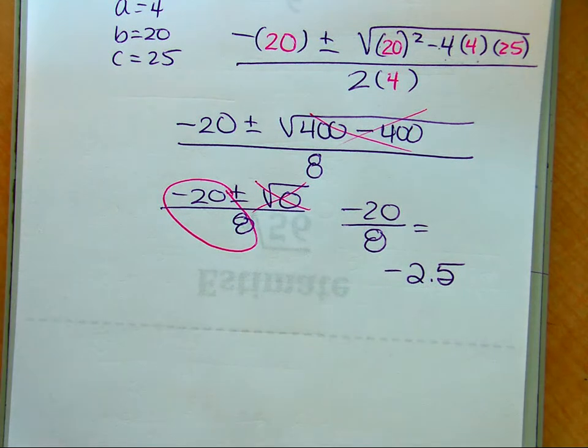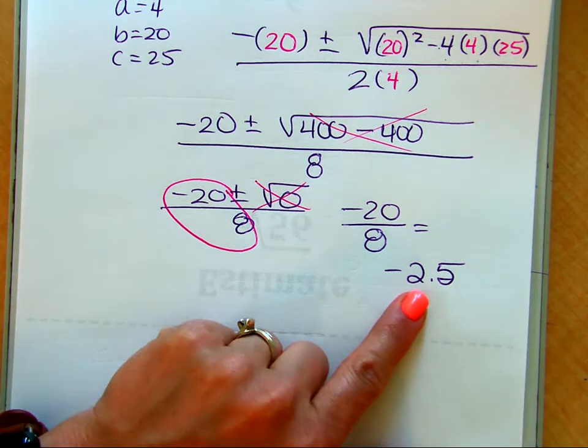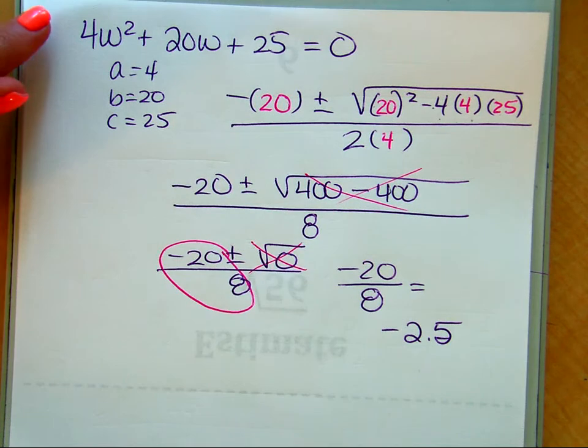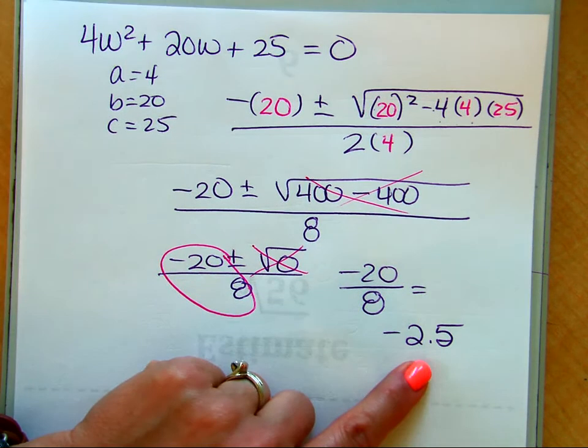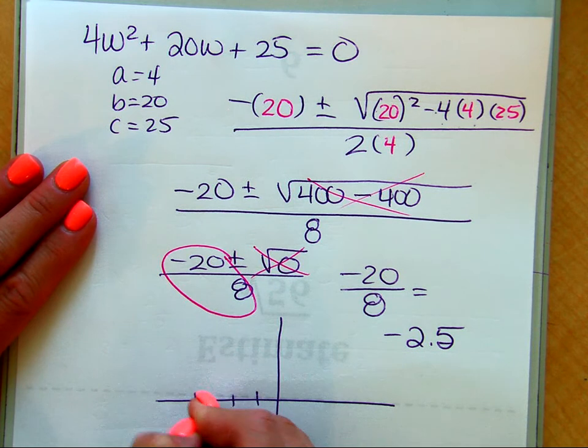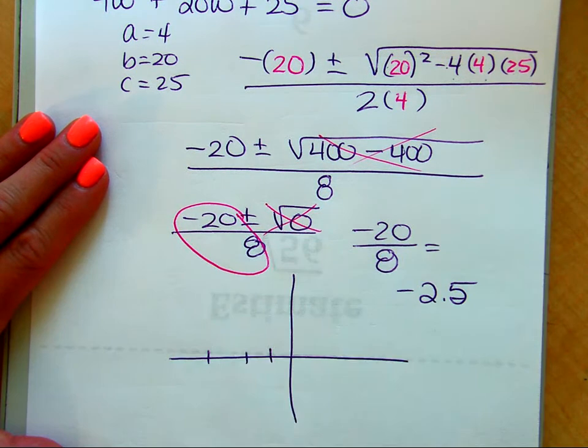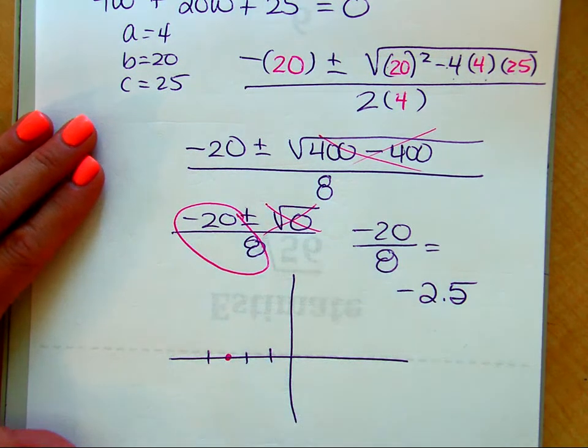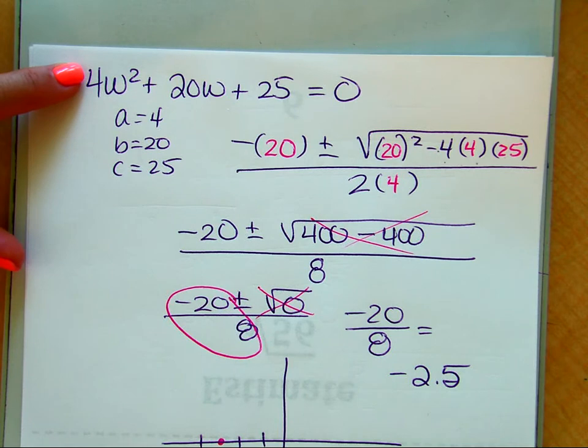So right now, what do I know about this quadratic equation? I know a lot about it. I know that its vertex is resting right on the x-axis at -2.5. What else do I know about it? It opens up because it's positive. I know it's really skinny because that's a 4.